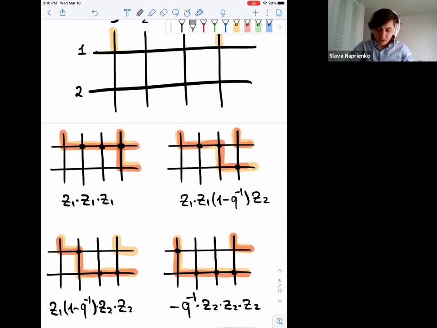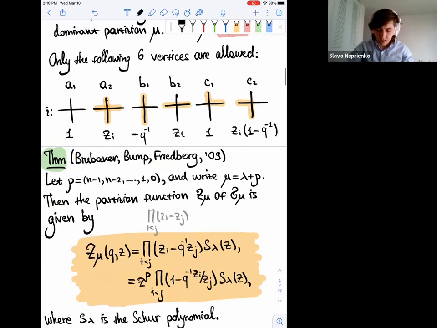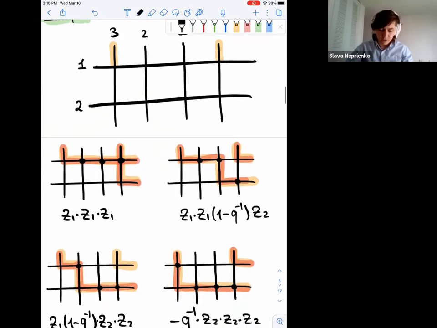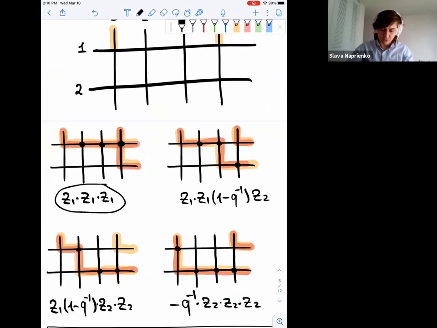And now, according to the table, I consult the table above. I write the weight for each of the states. So here we have that in the first row, we have 2 horizontal types and 1 intersection.